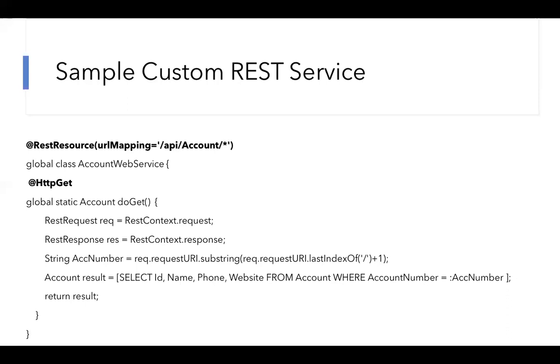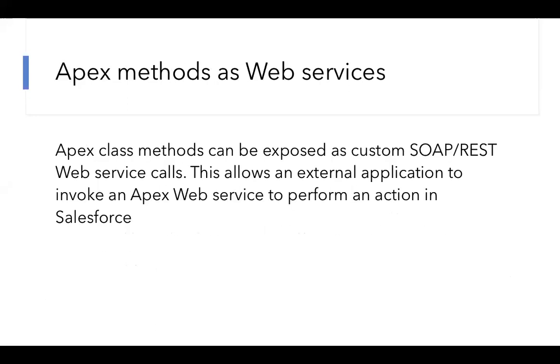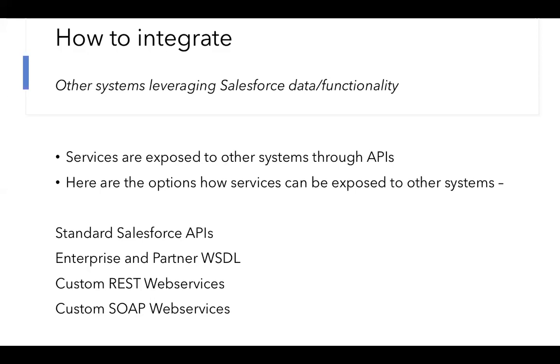So this is how a REST service can be defined in Apex. The previous one was SOAP, and this is a REST service. So going back to this option, the bottom two are how we define our custom REST or SOAP services.